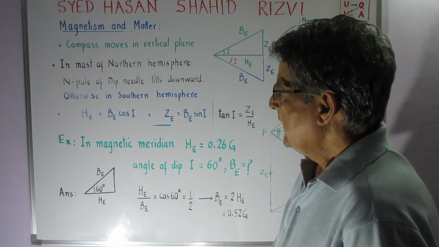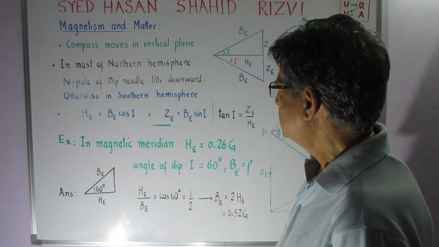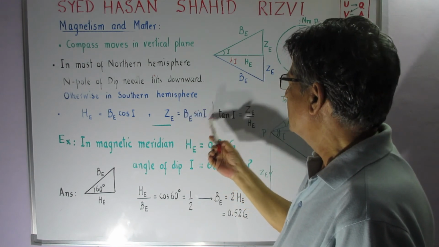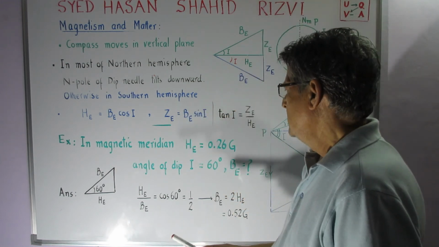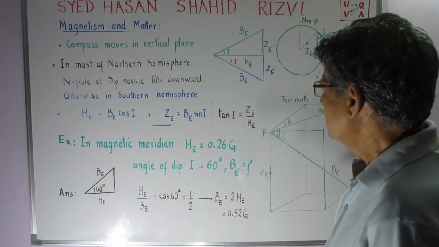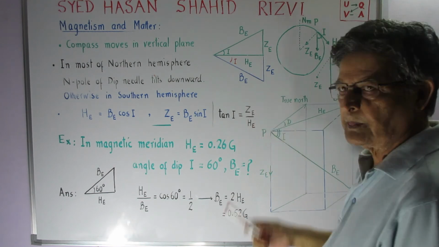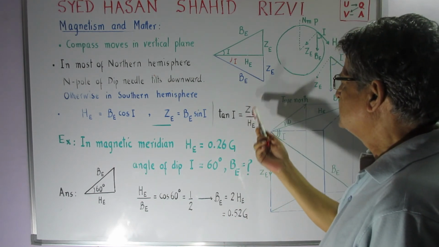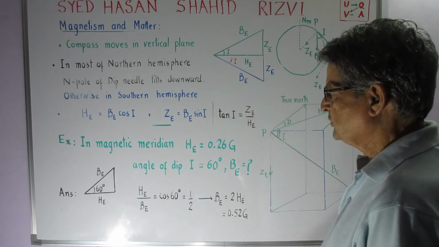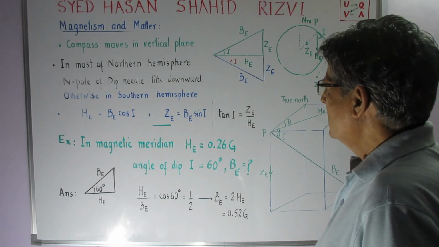HE I can write as equal to B into cos of phi. Right here you can see. And ZE is equal to B into sine of phi, from the easily drawn right angle triangle. So tan of phi is equal to ZE upon HE, or you can say that phi is the arc tan or tan inverse of ZE upon HE. So if those values are known to us, we can find out the value of I, etc.